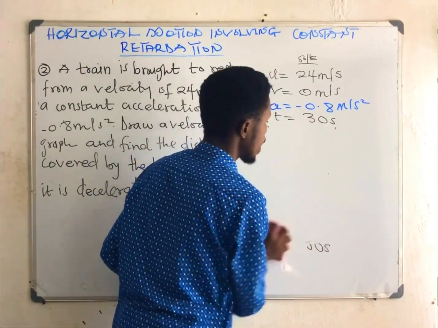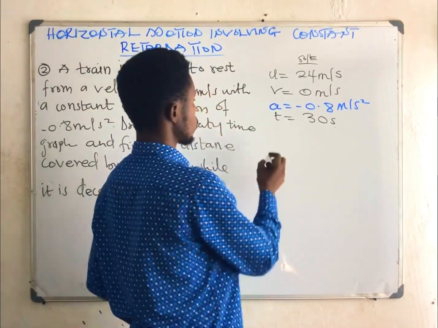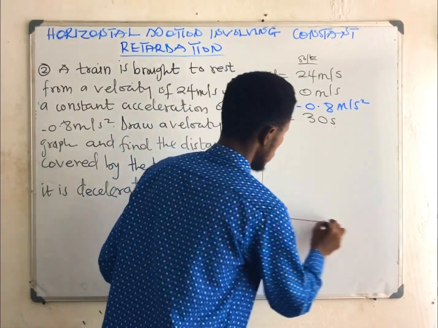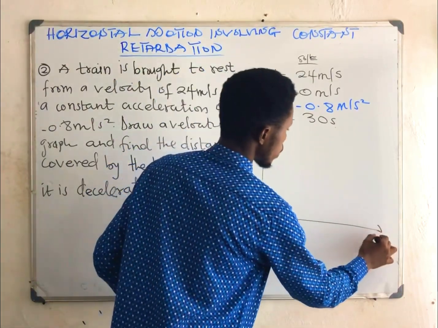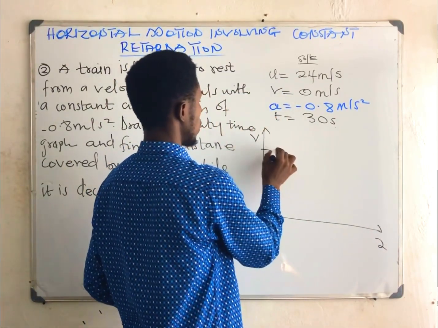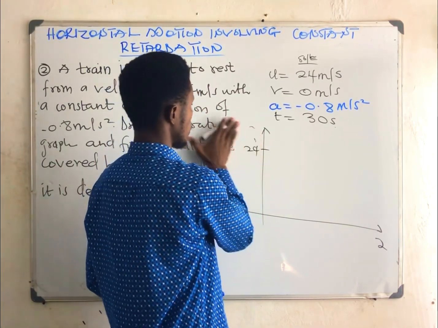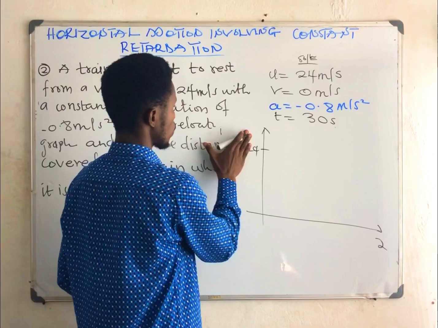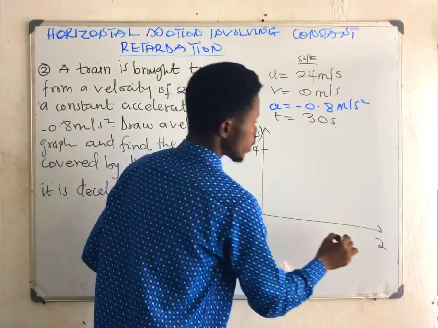So let me clean this once. I just needed the time, okay? That's why I wait for it. But the question is asking us to use the velocity time graph. So this is my V, this is my time. We have 24 meters per second, okay? So the velocity is in terms of meters per second.